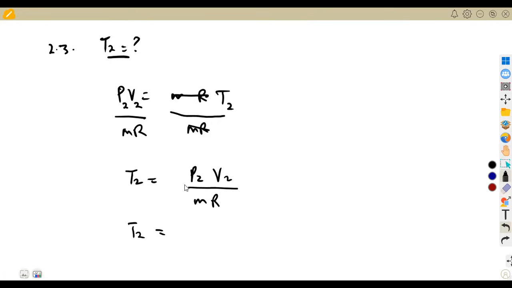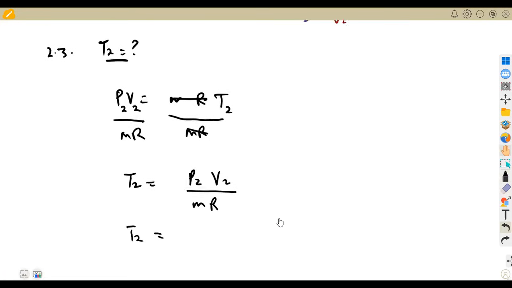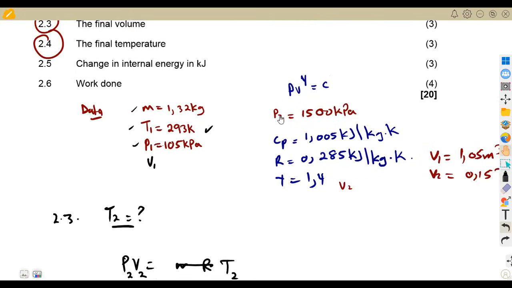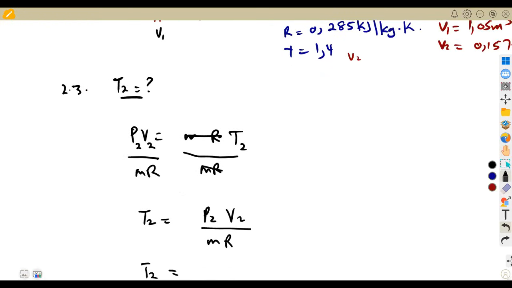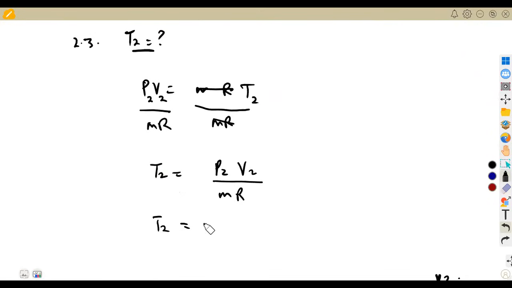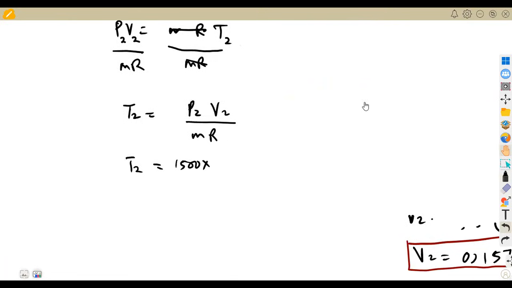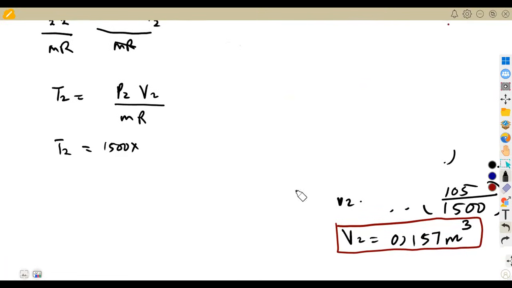We're going to have our T2 there. We're working with P2, so that's P2, 1,500, times V2, which is the volume that we just calculated. Remember V2 there, we got 0.157 cubic meters.